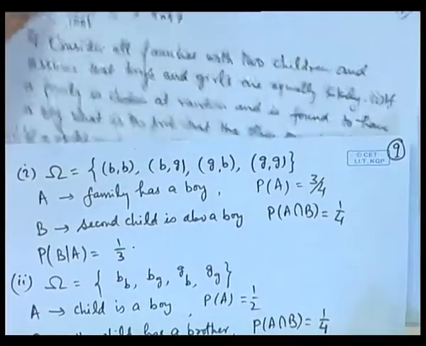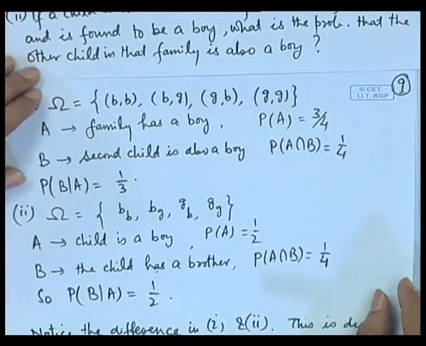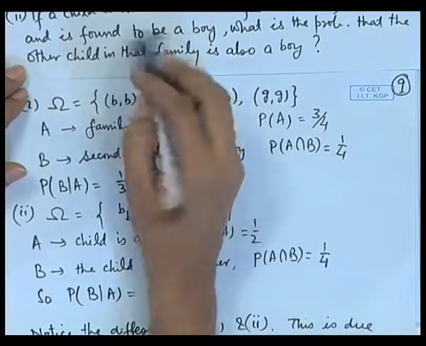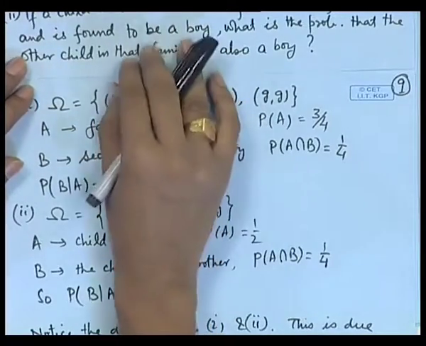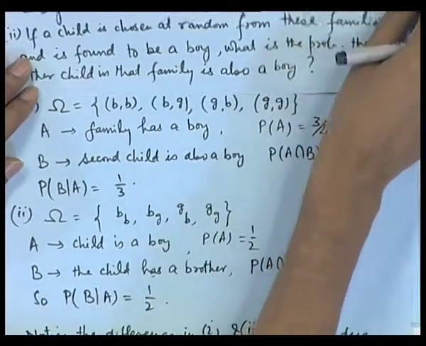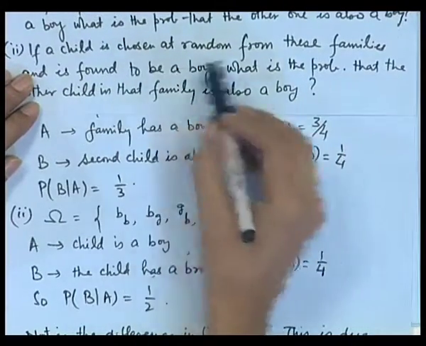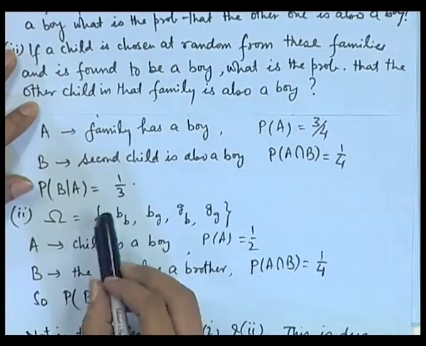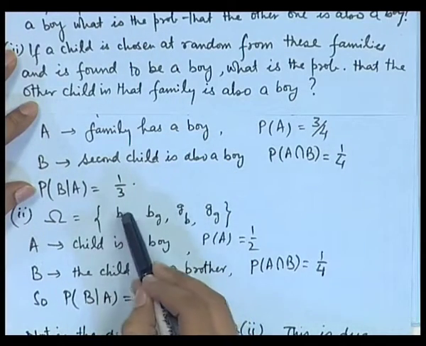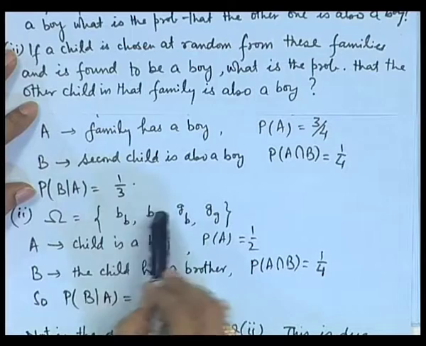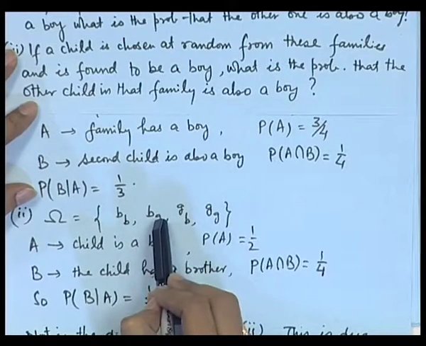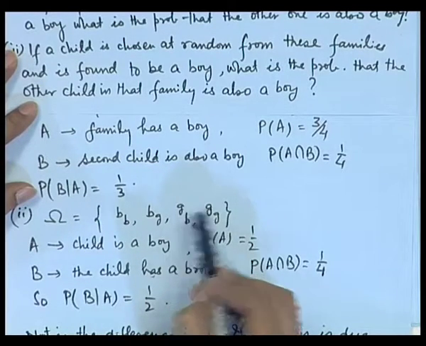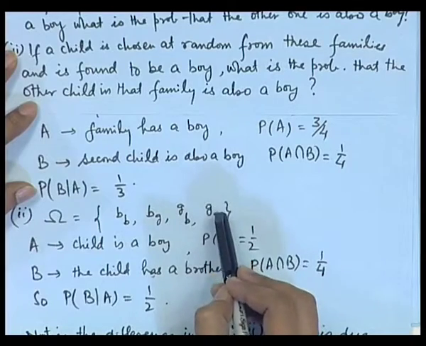Let us look at the second part of this problem. Here the sampling scheme is different. Here, from the collection of all the families, we choose a child at random. So that means the child can be a boy with a brother, a boy with a sister, a girl with a brother, or a girl with a sister.